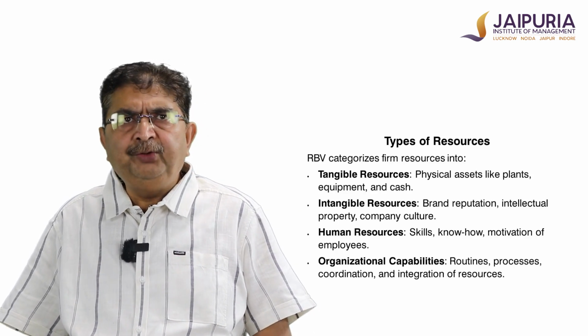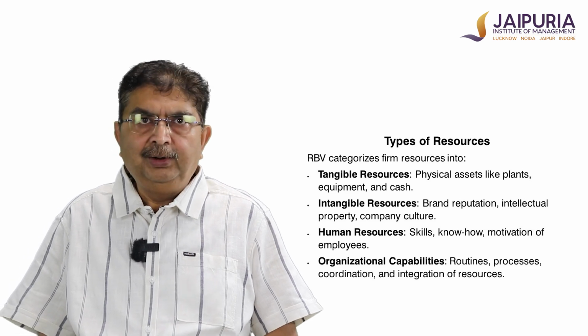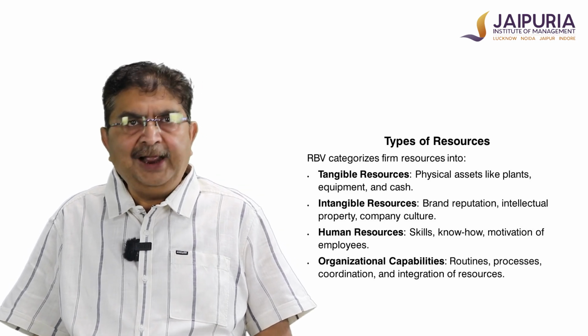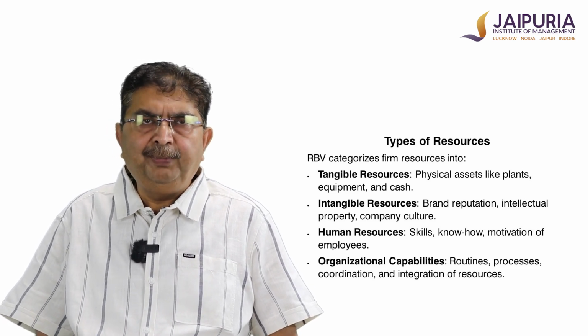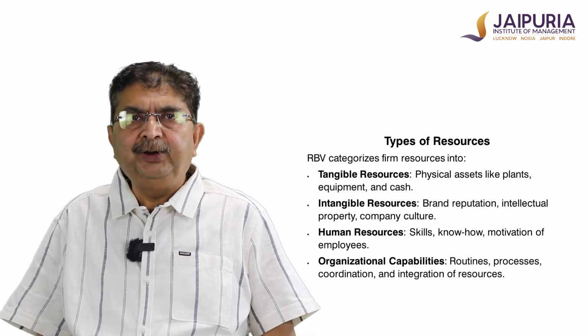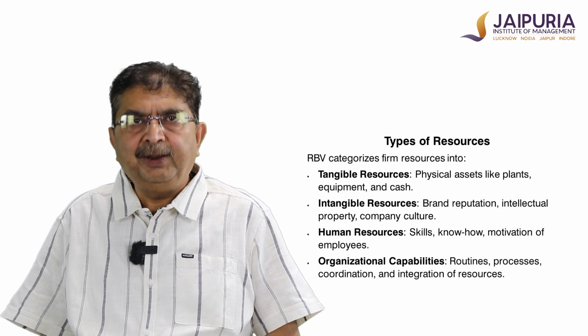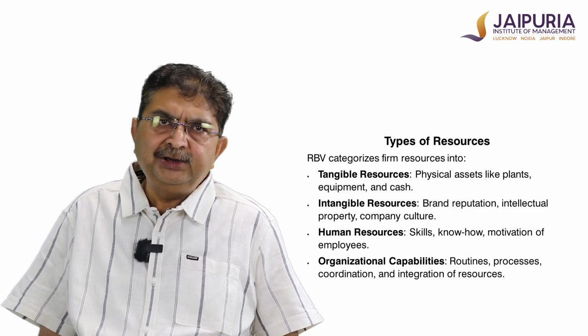Then the resource-based view categorizes the resources into four. Number one is tangible resources that may comprise physical assets like plants, equipment, and cash. Then second is intangible resources that may comprise brand reputation, intellectual property, company culture, strategic leadership.